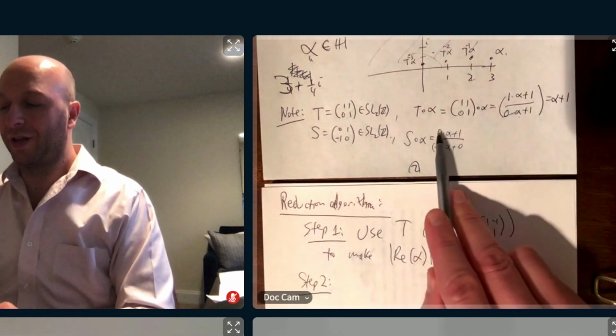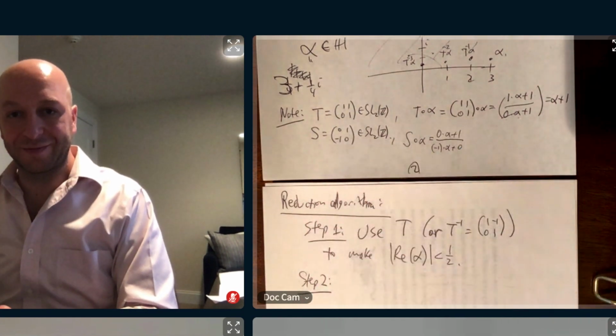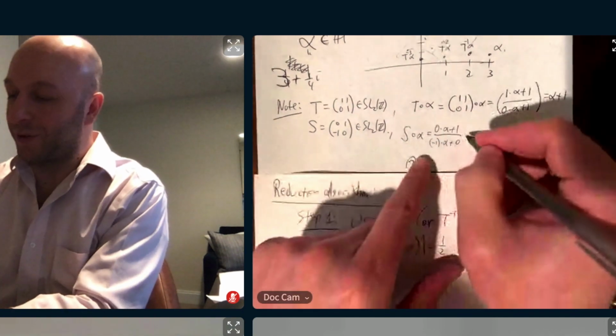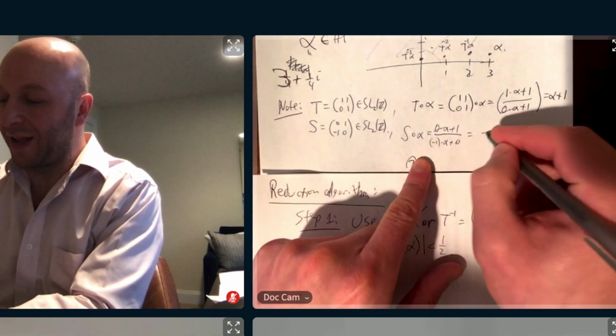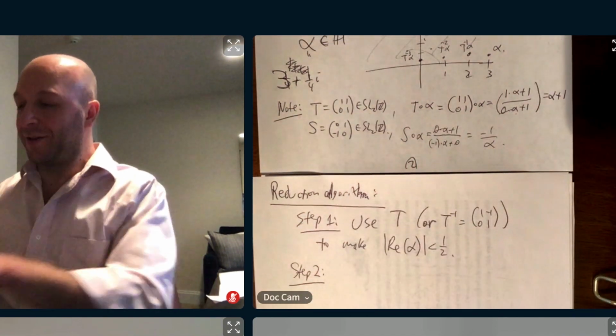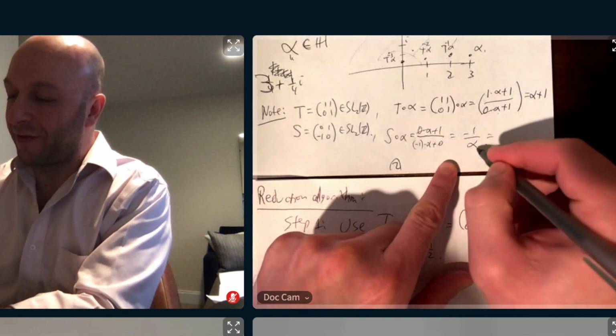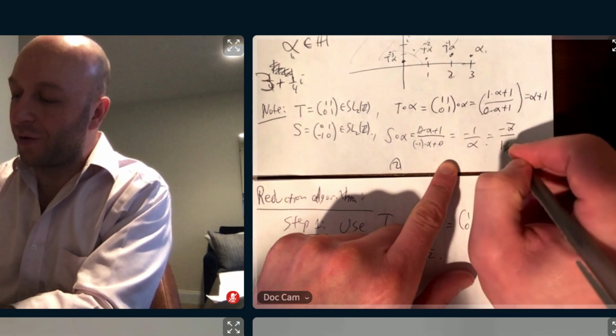I'm putting the 0, 1, -1, 0 into this formula. So there's 0 of this and 0 of that. This is -1 over alpha, also known as, if I multiply top and bottom by alpha bar, negative alpha bar over norm alpha squared.